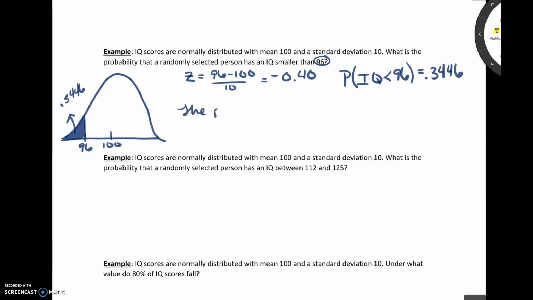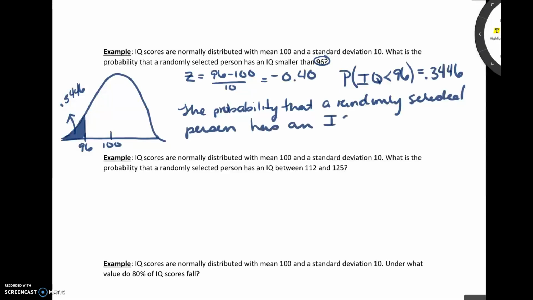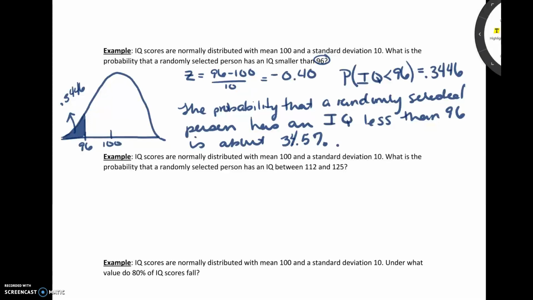Or we could say that the probability that a randomly selected person has an IQ less than 96 is about 34.5%. And again, if you go back and look at our answer from StatKey, you'll see that we got the same answer. So let's look at another one.